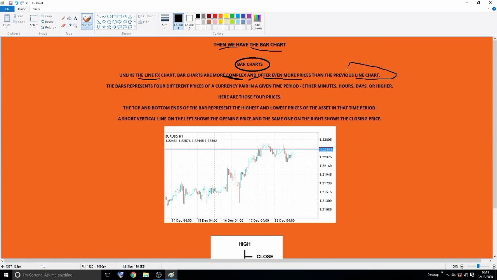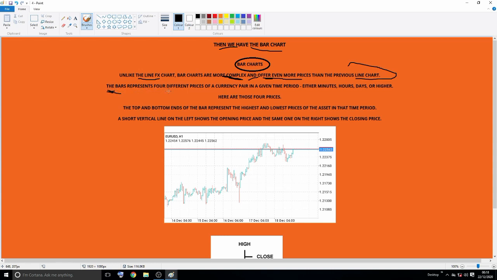So a bar chart is more complex than a line chart. Instead of just a moving line, a bar chart is more complex. Let's continue and explain what I mean when I say it's more complex.